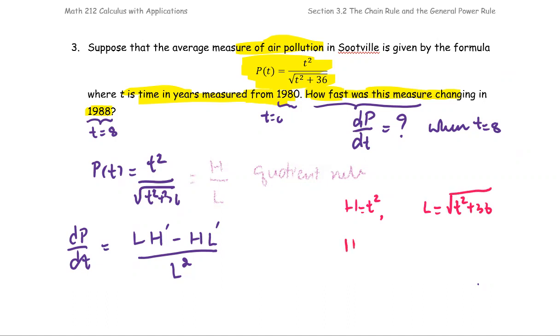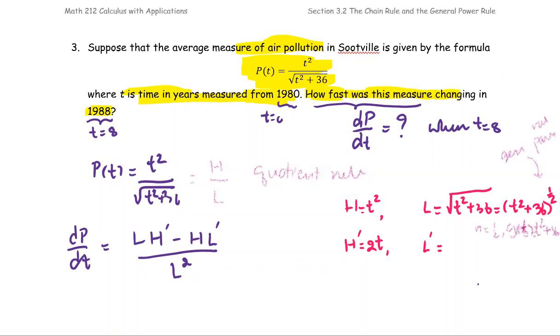I'm going to find the derivative of the high function, or the d high, which is 2t. For the low function, I will write it in power form, so I have t squared plus 36 to the power 1/2. To find the d low, I'm going to use the general power rule, because this is a composite function with the power 1/2 on the expression t squared plus 36, where my n is 1/2 and my g of t is the function t squared plus 36.